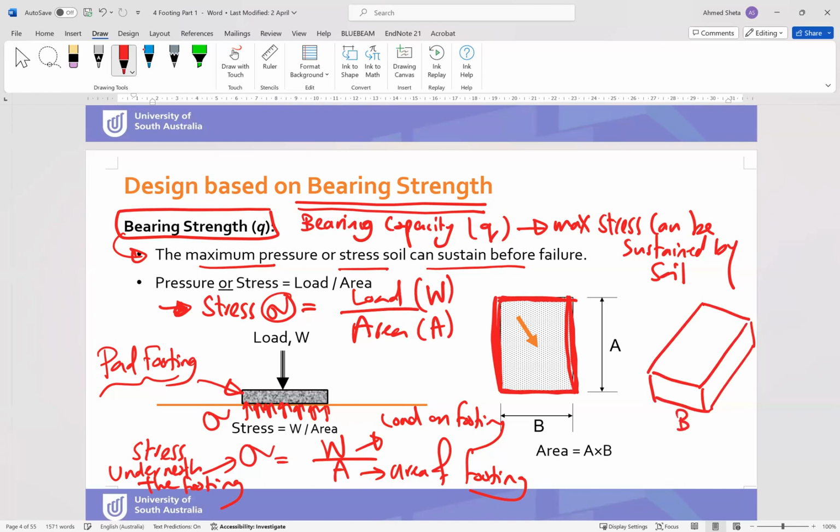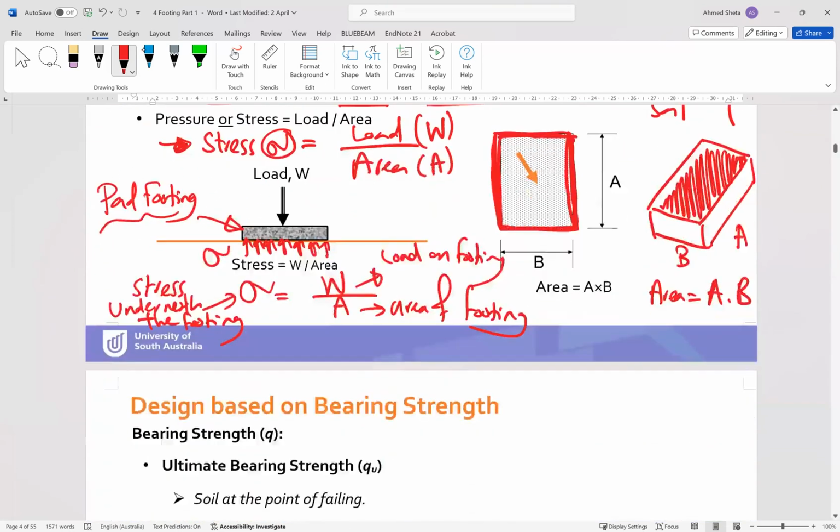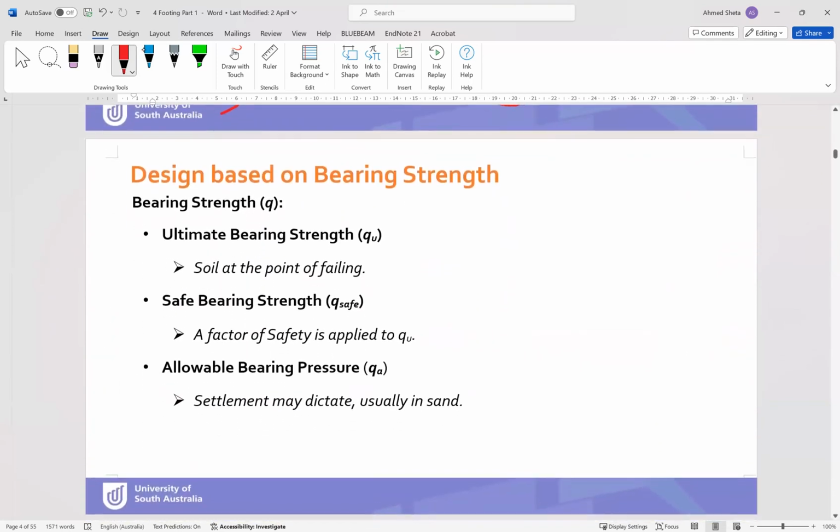If this is B and this is A, the area is A. So this is the stress we are looking at, and we have some parameters we need to know. The stress is equal to W over A.